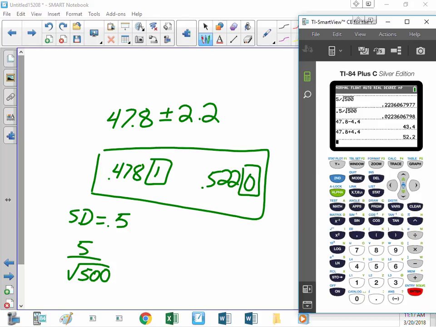So we're going to add the 172 and the 207 together. So we'll take 172 and we'll add that to 207. And we get 379 out of 500.